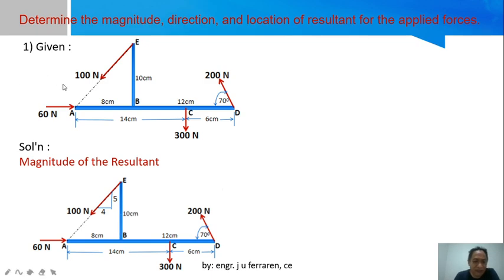Now again, I tried to redraw my figure because for one of the forces there is no angle defined, but I can make use of the dimensions. This is 10 and this is 8, but since 10 and 8 have a common factor of 2, I can reduce the sides of my triangle, or make use of a triangle that is similar to a triangle formed with legs of 8 and 10.